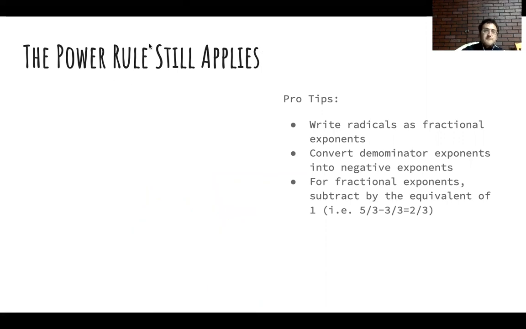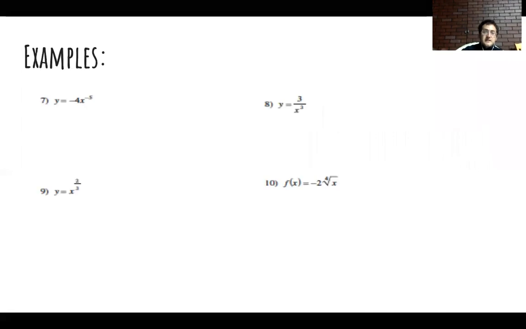Let's look at a few examples now. We're going to start with something that just has a negative exponent. I'm just going to write y prime. I got -4 times -5, so that's equal to +20.